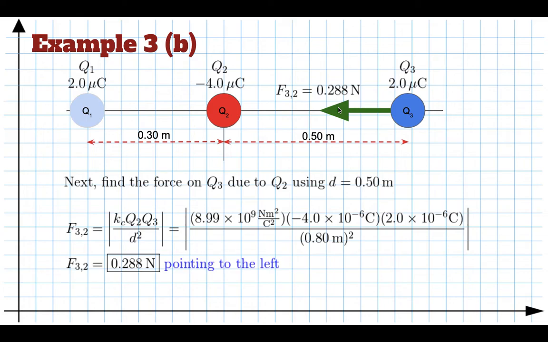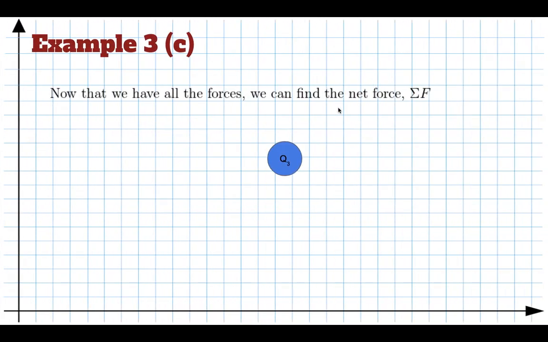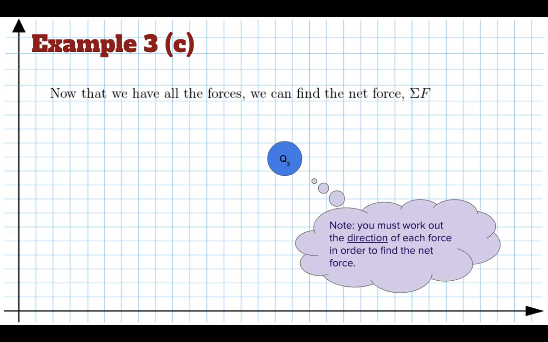Now we're going to put those two things together. Here's Q3. It's what we're interested in. We know there's a force going to the right due to charge 1, and that's 0.056 newtons. We know there's a force going to the left due to charge 2, and that's 0.288 newtons. Clearly, this is the bigger force, and so the net force is going to end up going to the left.